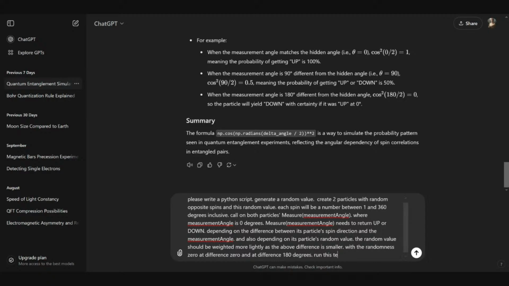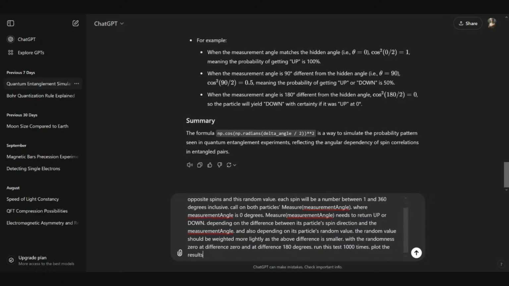Run this test 1,000 times. Plot the results.